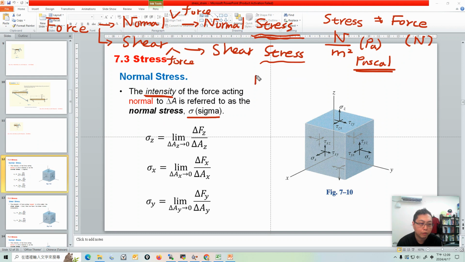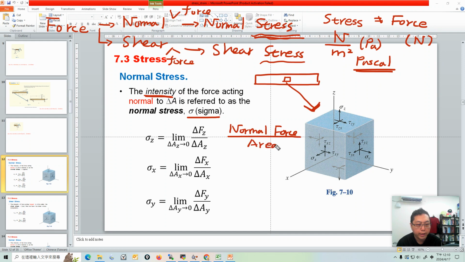For example, if there is a beam or bar here and we cut a small element, it becomes like this. Sigma is a normal stress: there is a normal stress in the z direction, in the x direction, and in the y direction. Normal stress is normal force divided by the area.